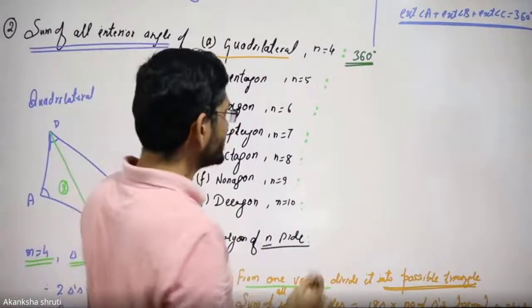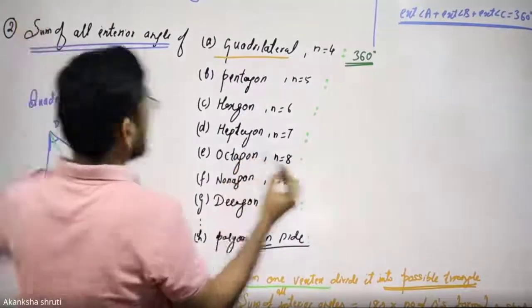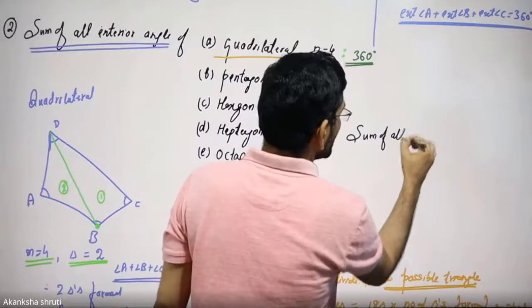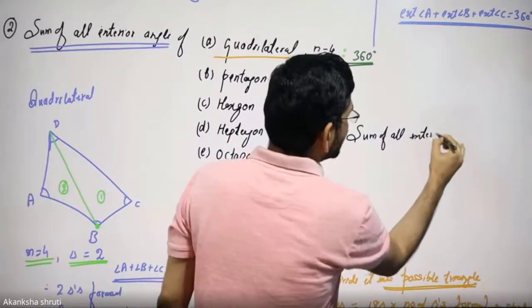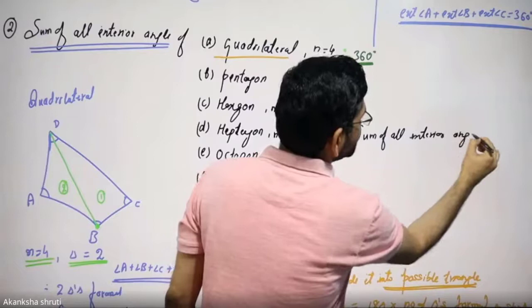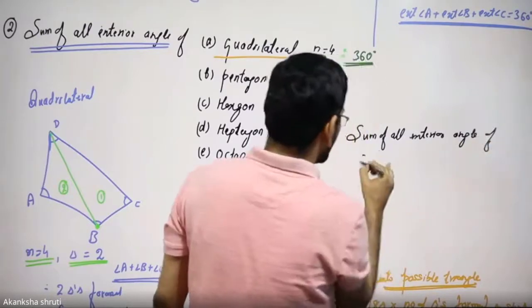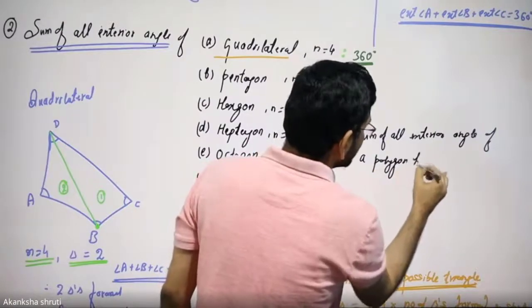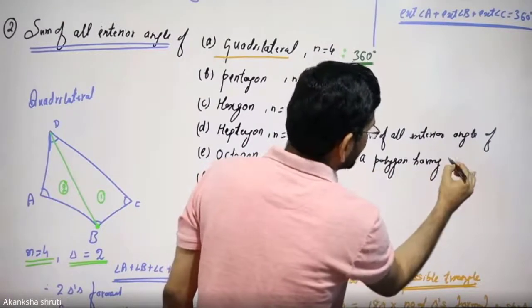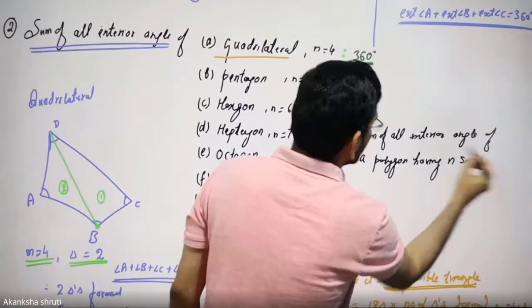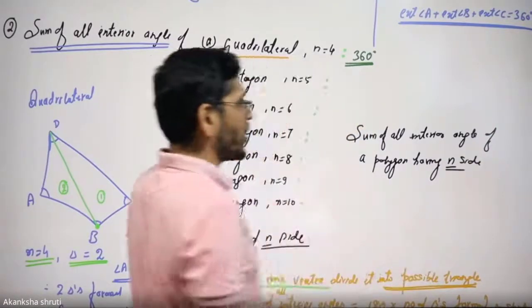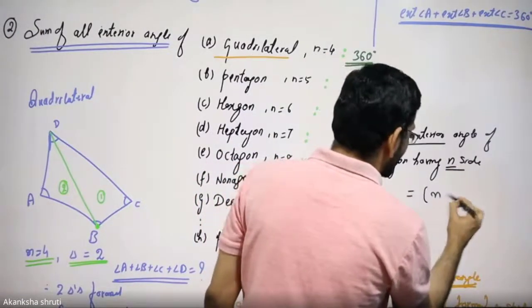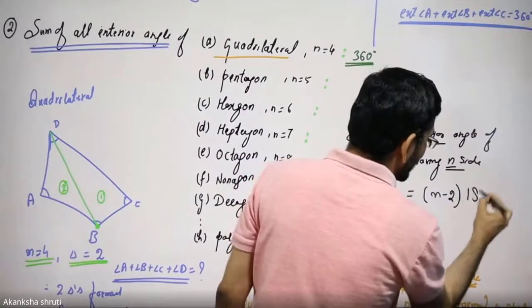I had explained that the sum of all interior angles of a polygon having n sides, means the number of sides in the polygon is n, is given by n minus 2 into 180 degrees.